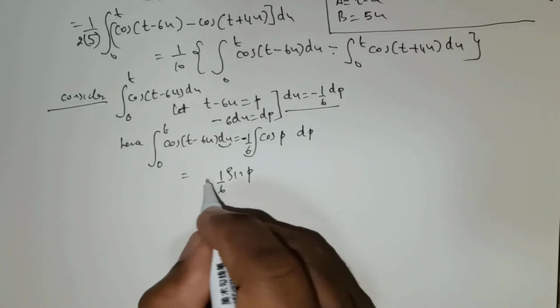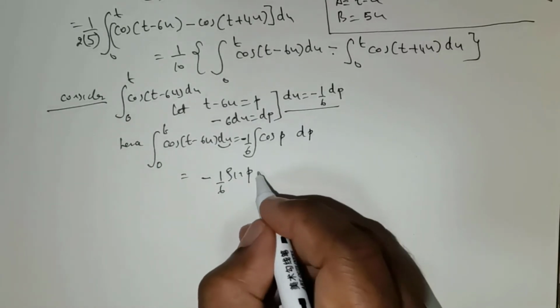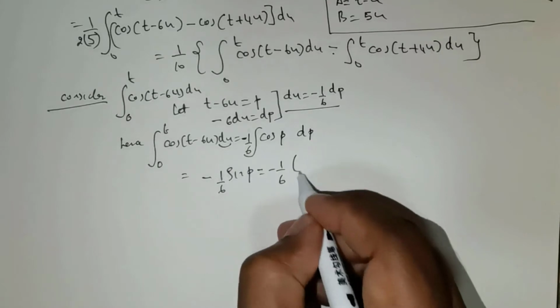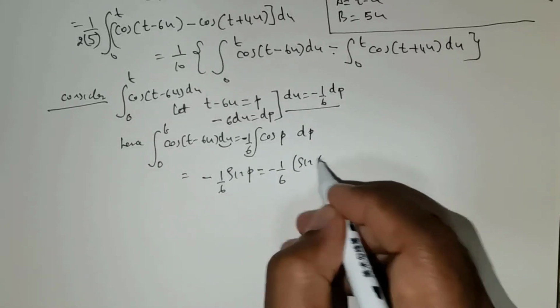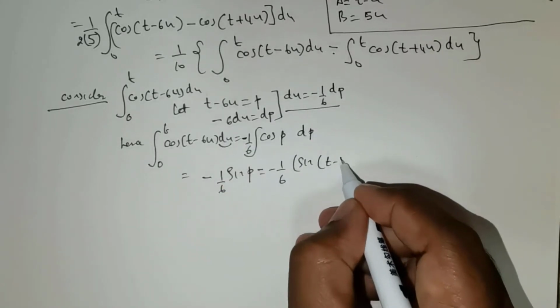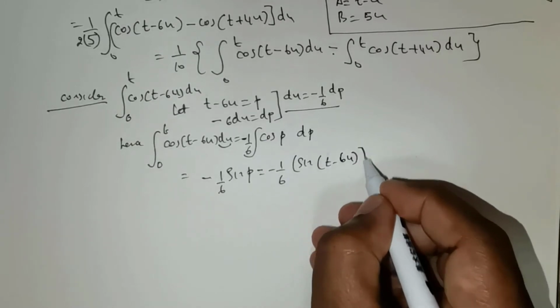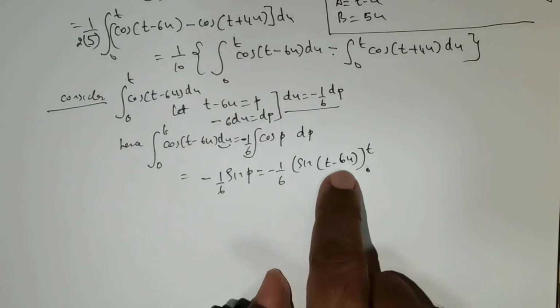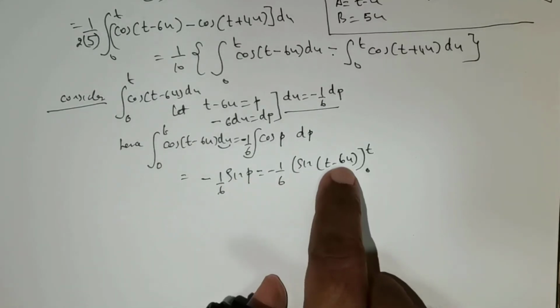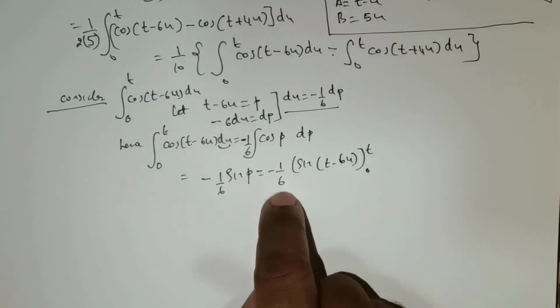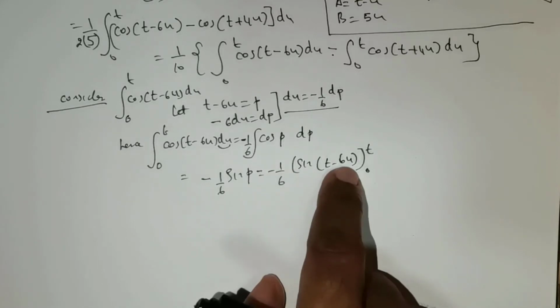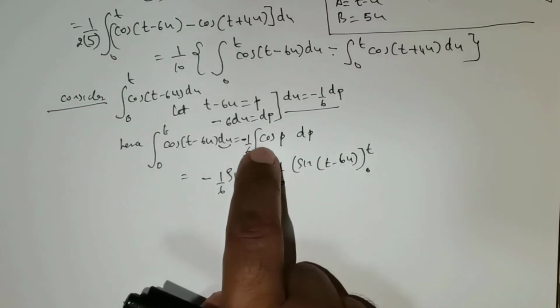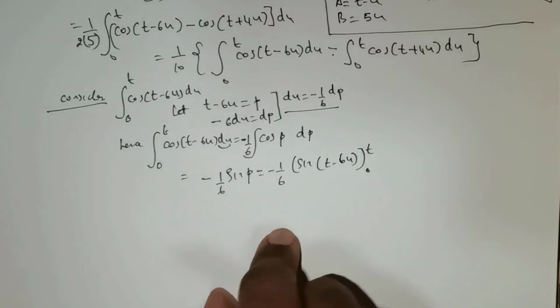I get a 1 over 6 and a negative sign, so I can rewrite this as negative 1 over 6 of sine of (t − 6u), with limits 0 to t. All we have to do is multiply by negative 1 over 6 and then integrate. Of course, the integral of cos is sine.